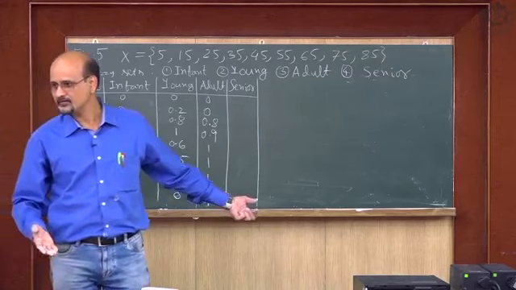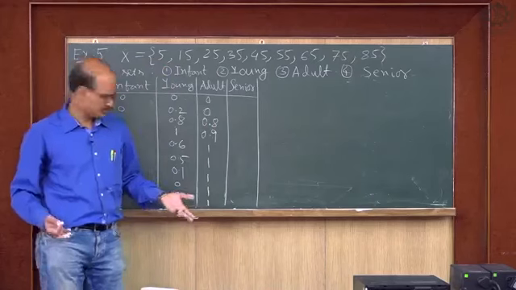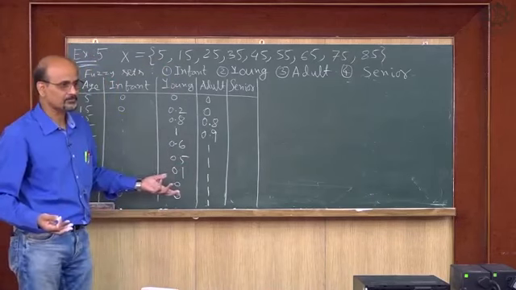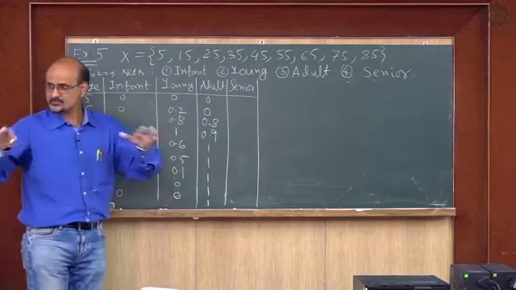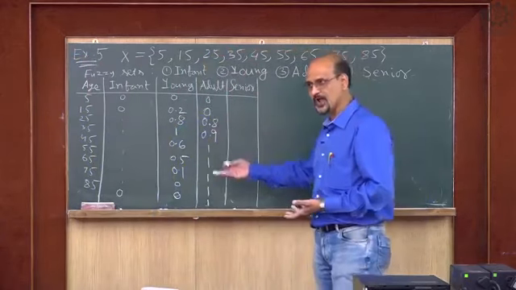Between this fuzzy set and this fuzzy set, some points will overlap. So those things we have to handle accordingly. We have different methods to handle those.